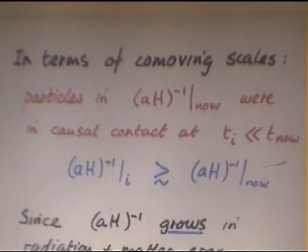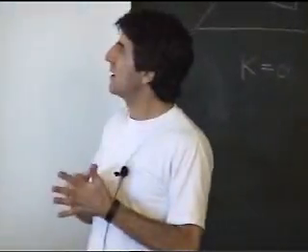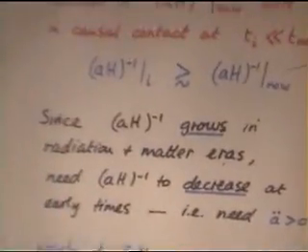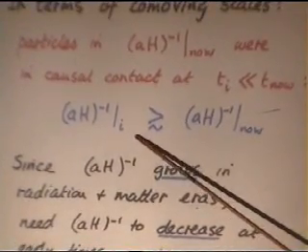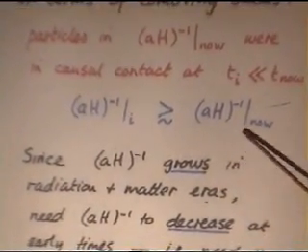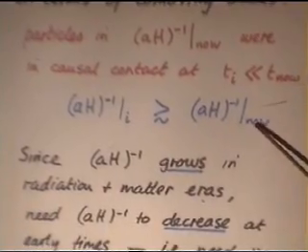The statement is the following: in the co-moving Hubble sphere at the current time, the particles, i.e. galaxies, etc., must have been in causal contact at some much earlier time. So in other words, the co-moving Hubble radius at the earlier time should be at least as big as the co-moving Hubble radius now.